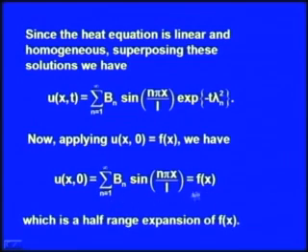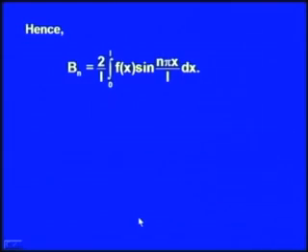Now, if you look at this equation, f(x) equal to sigma n equal to 1 to infinity B_n sin(n pi x over L), you can see that it represents the half range expansion of the function f(x), and therefore, B_n will be given by 2 over L integral 0 to L f(x) sin(n pi x over L) dx.